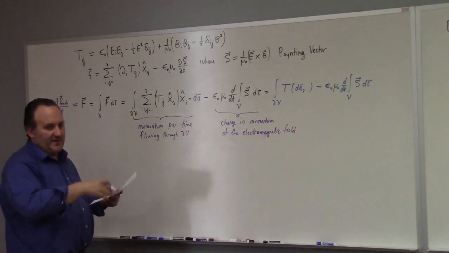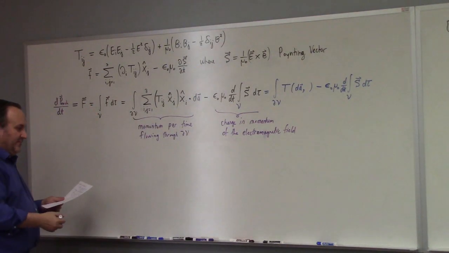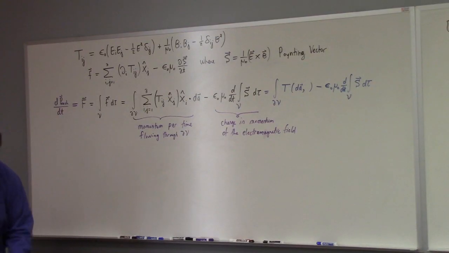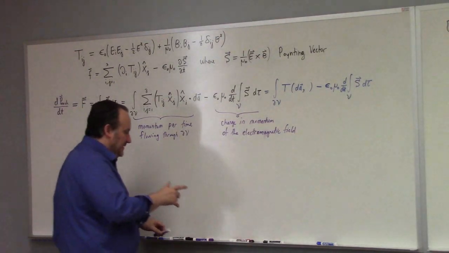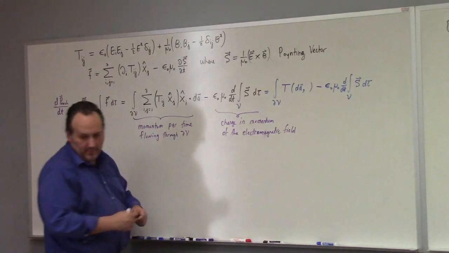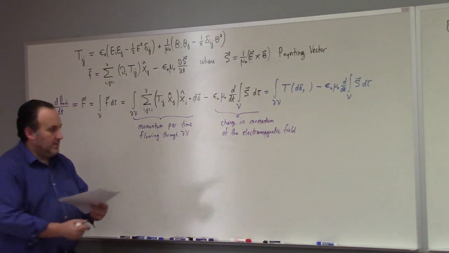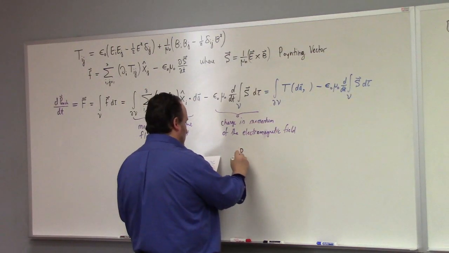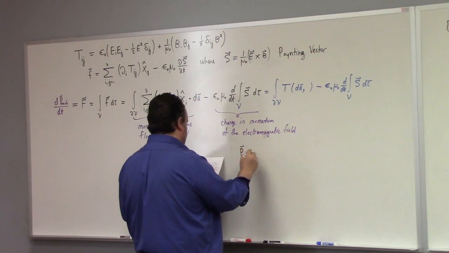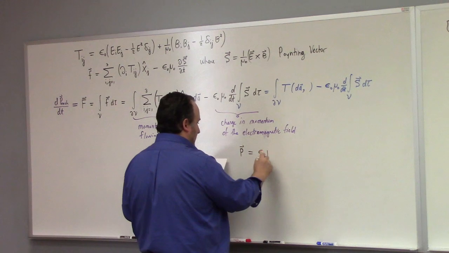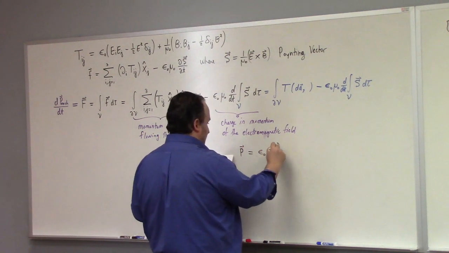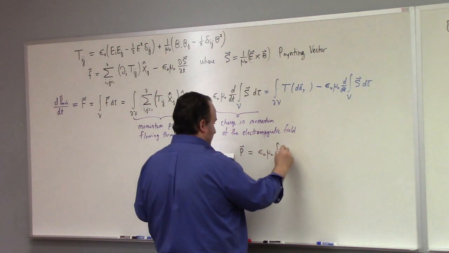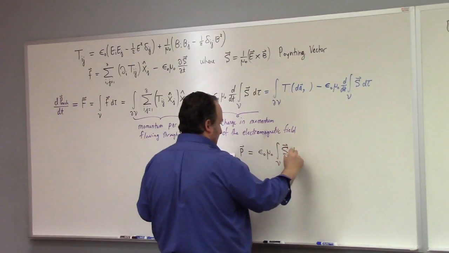So it's helpful to define that separately, right? And so he introduces a P. Let me write it down here. So P is equal to epsilon naught mu naught times the integral over the volume of the Poynting vector d tau.